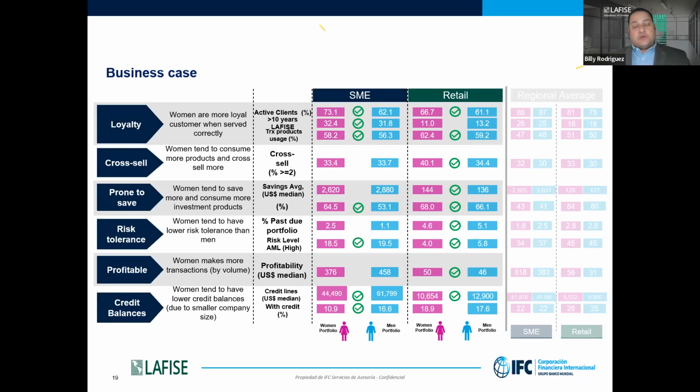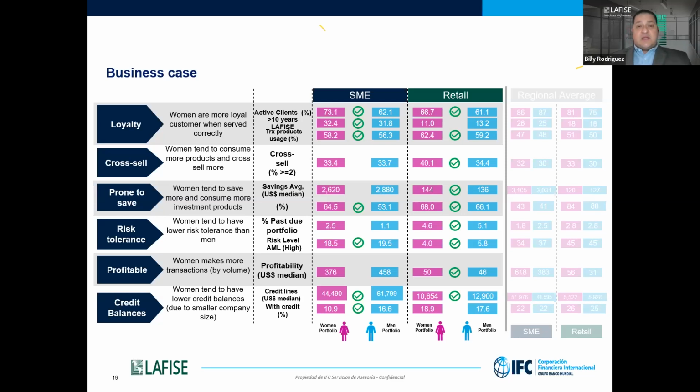And the challenge we had in this part was that regulation doesn't require us or our systems to capture this data by gender, to capture a lot of the key data that we needed to extract. So we had to do more of a manual process, and that was one of the challenges. I just wanted to answer that question as we go along.